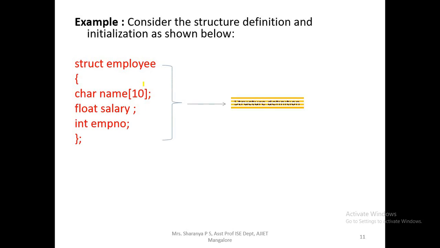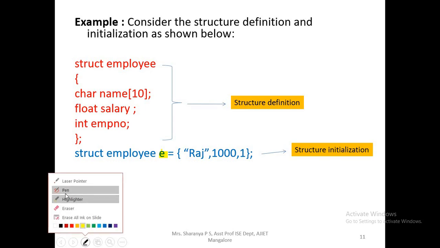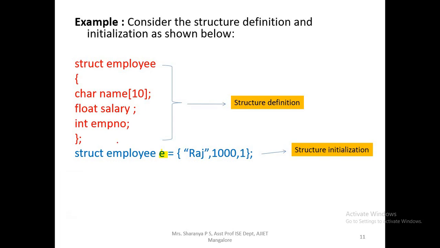This is what we refer to as the structure definition, and this is what we refer to as structure initialization, that is struct employee E under the same name. While declaring the structure variable, I have initialized it as well. This is something like what we follow with integer a equal to 10. Suppose I mention it, we can do it like this, right?